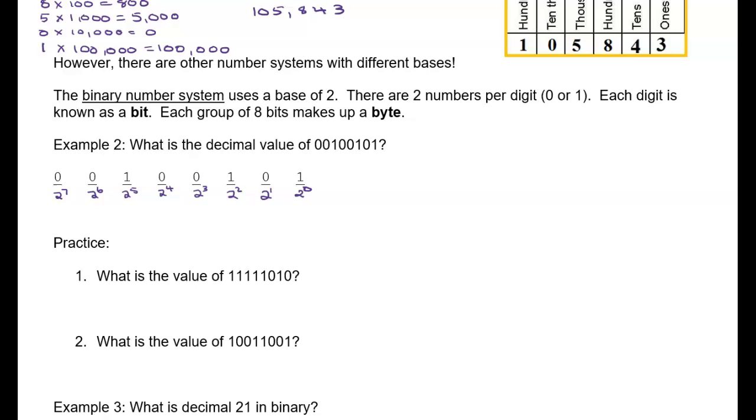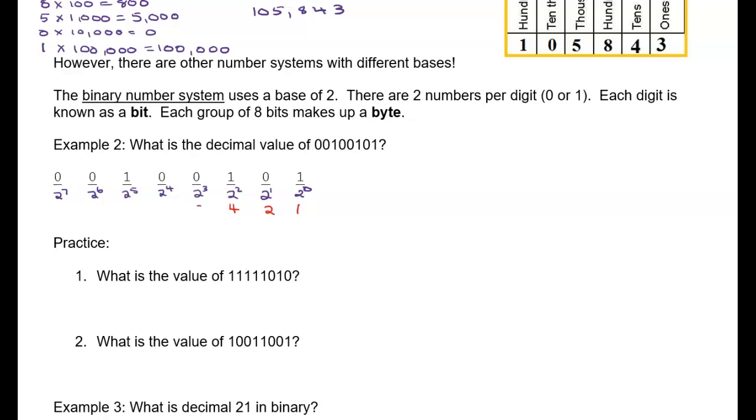So what do these values actually mean? Anything to the 0 power is 1, so this is the ones place. The next value is the 2's place, because 2 to the first is 2. 2 to the second is 4, so the third value is the 4's place.